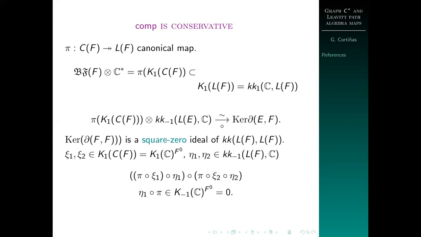So I go from a number of copies of C to the domain of eta1, which is LF, and land in the suspension of C. So I have a bunch of maps in little kk from C to the suspension of C. So these are elements of K minus 1 of C, but K minus 1 of C is 0. So the product is 0. And that proves the conservativity.